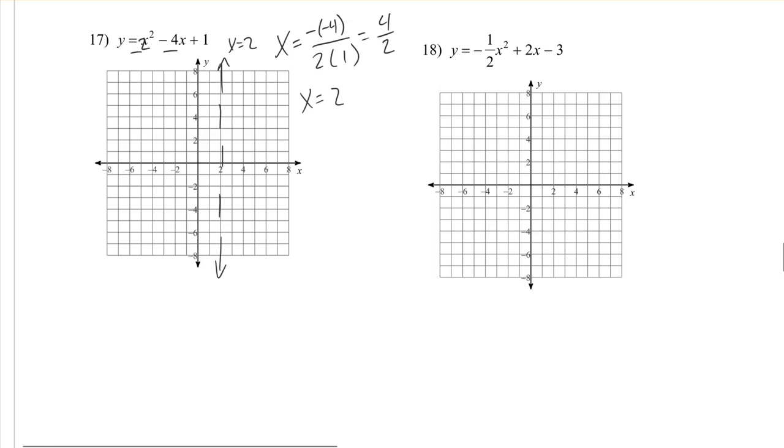Plug in a 2. 2 squared makes 4. Negative 4 times 2 makes negative 8 plus 1. Negative 4 plus 1 is negative 3. Let's plug in another value. How about, well, let's look. Our y-intercept is at 1. That's enough.